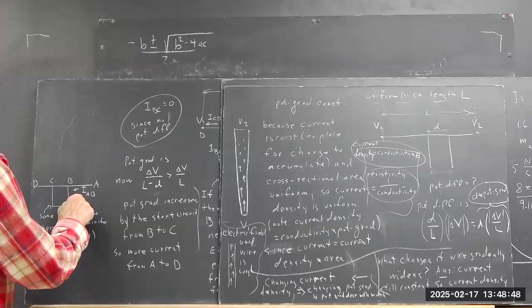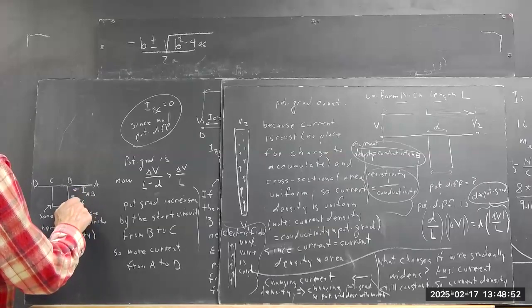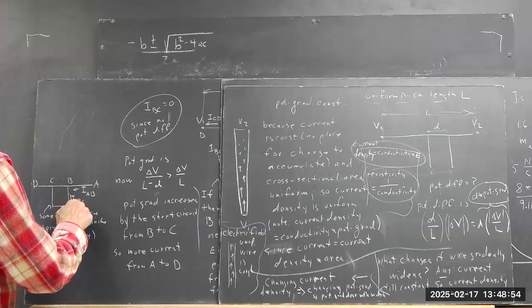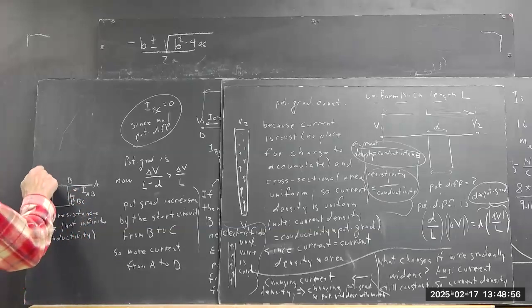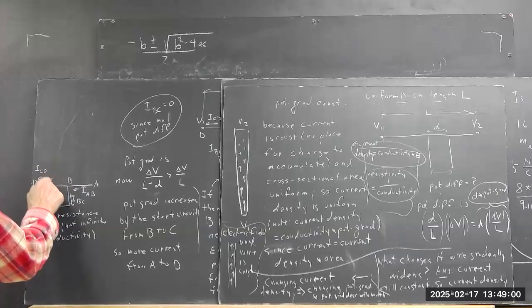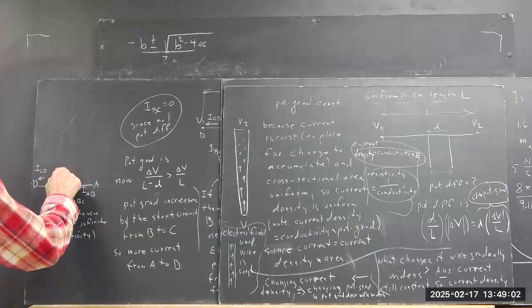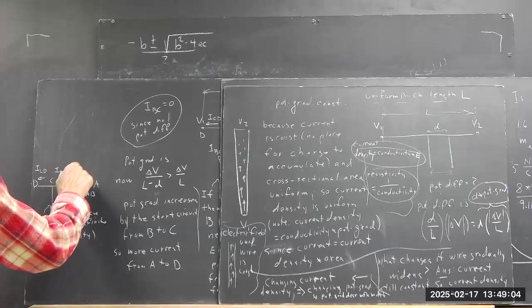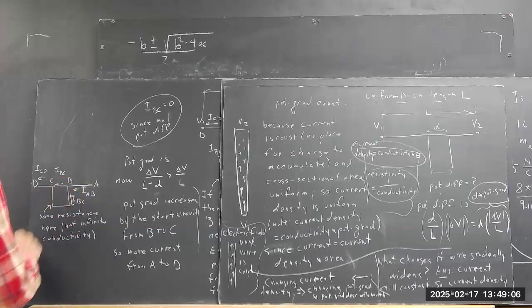So we get I_BC, and then I_CD. And then we have an I_BC here.